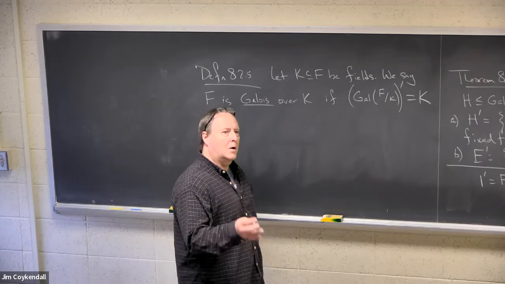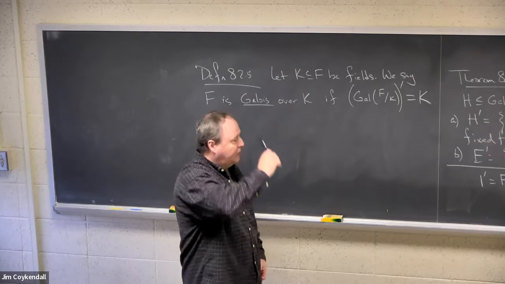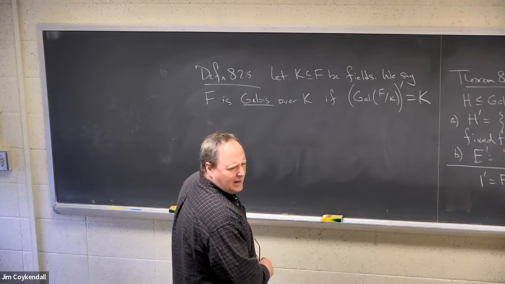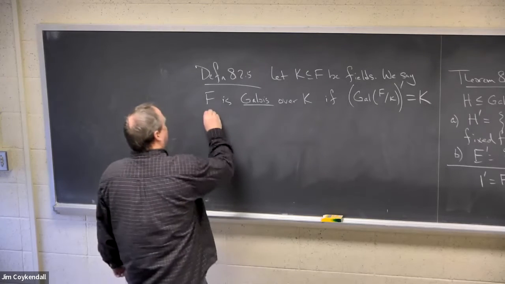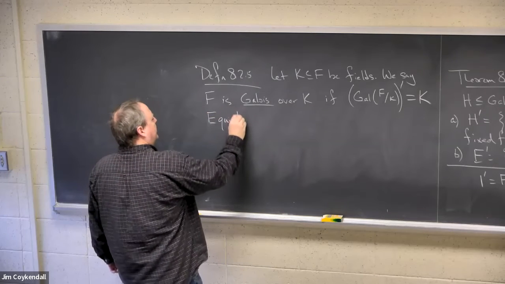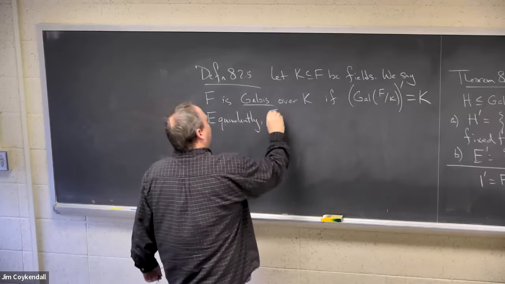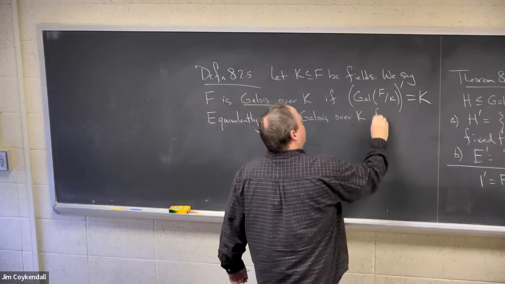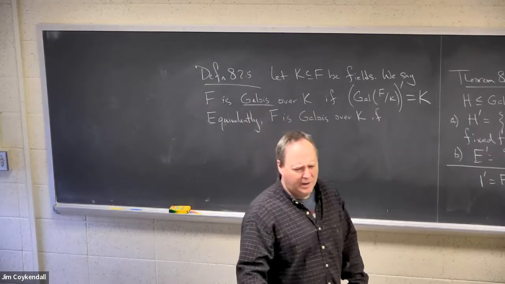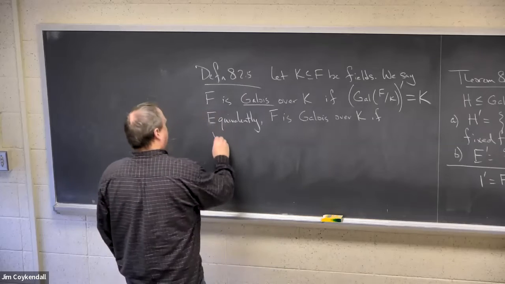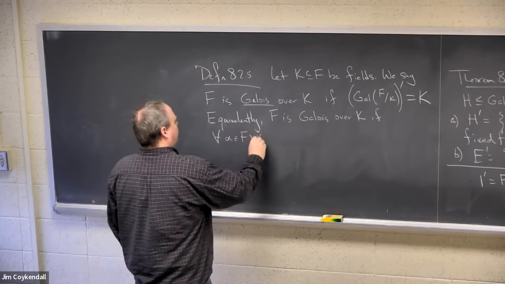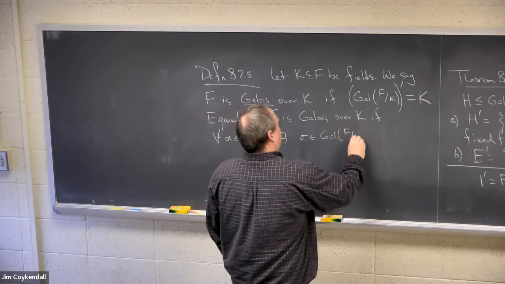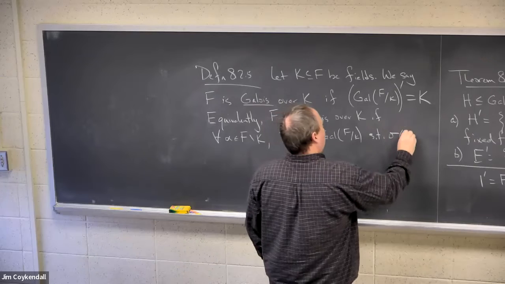Here's another equivalent way to think about it, and it doesn't require really much thought to realize that it's equivalent, but it is a very useful observation. Equivalently, F is Galois over K if for all alpha in F not in K, there exists a sigma in the Galois group over K such that sigma alpha is not alpha.